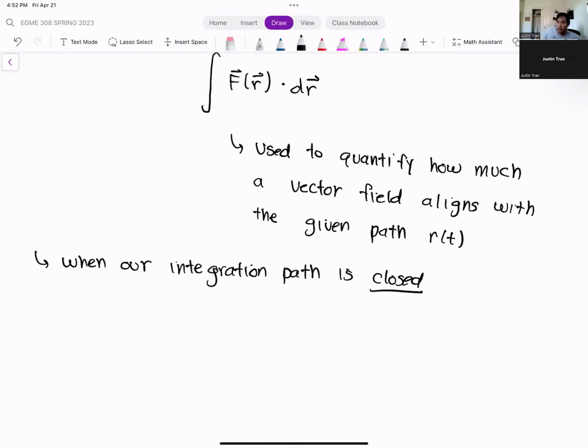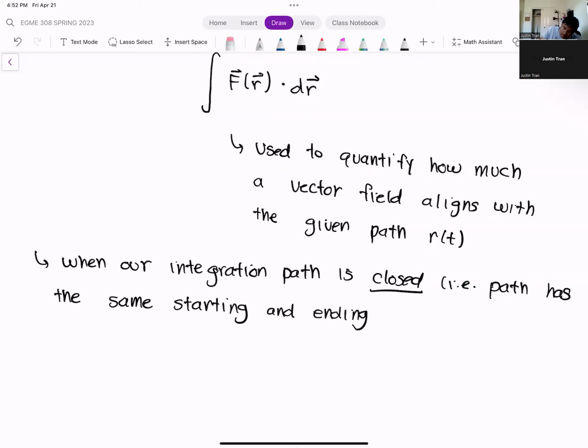And so let's review what it means to be a closed path. A closed path is nothing more than a path that has the same starting and ending point. Essentially the path goes in a circle.